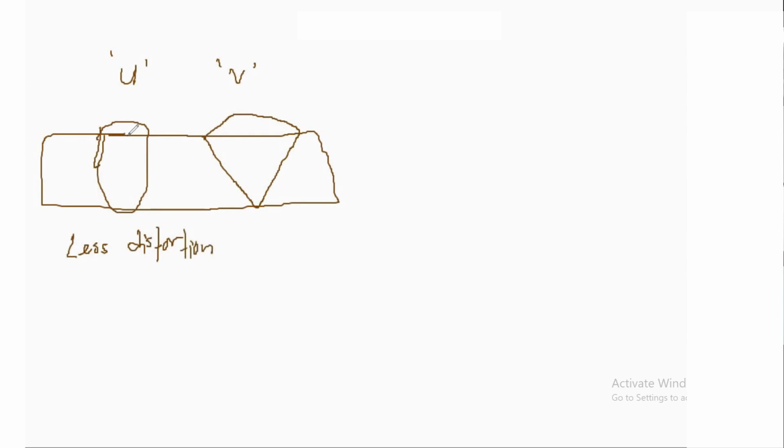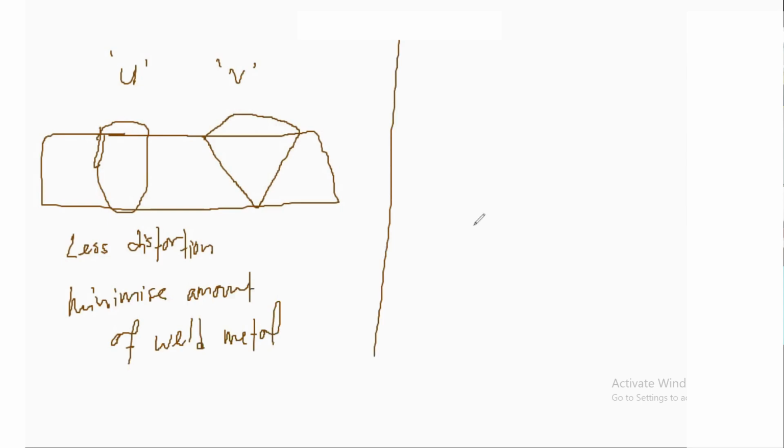Minimize the amount of weld metal, comparing single U and V. Yeah, all right. Another example.